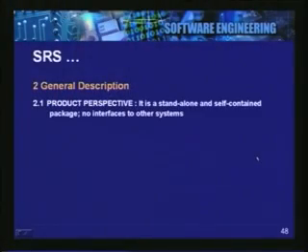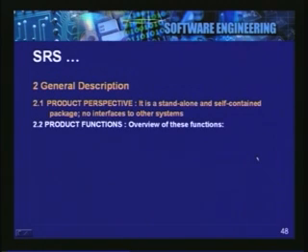Then we give the general description about the product. The product is a standalone product. There are no external interfaces. Then we summarize the functions of the product. Here I will illustrate only a few, but you can proceed on the similar lines and define all the other functions which we identify.